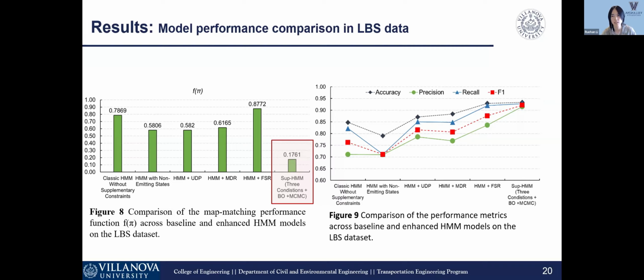In contrast, the classic HMM model reached as high as 0.78, and even the improved HMM model with a non-emitting state still has an error of 0.58. On the right, figure 9 gives a more comprehensive view.